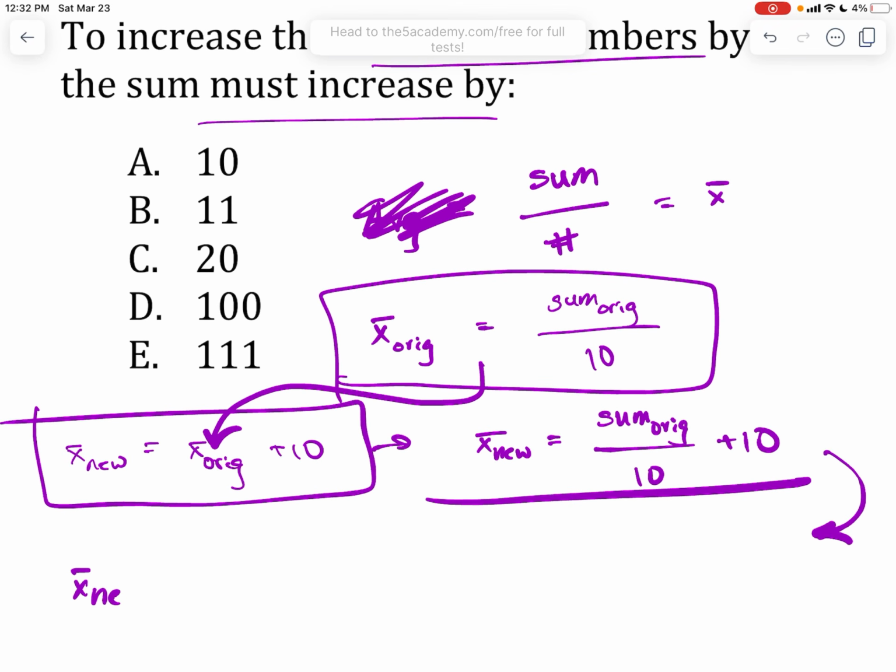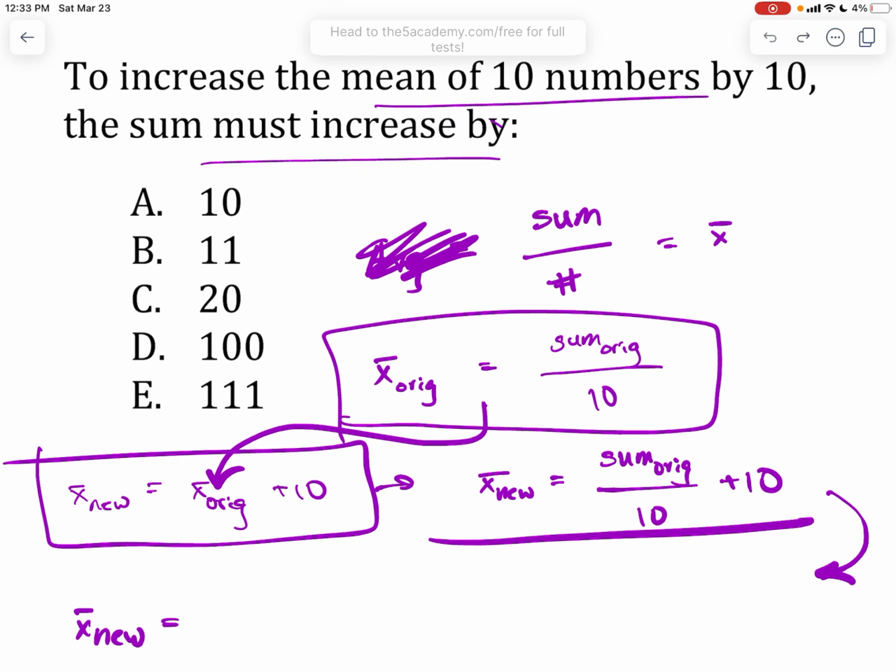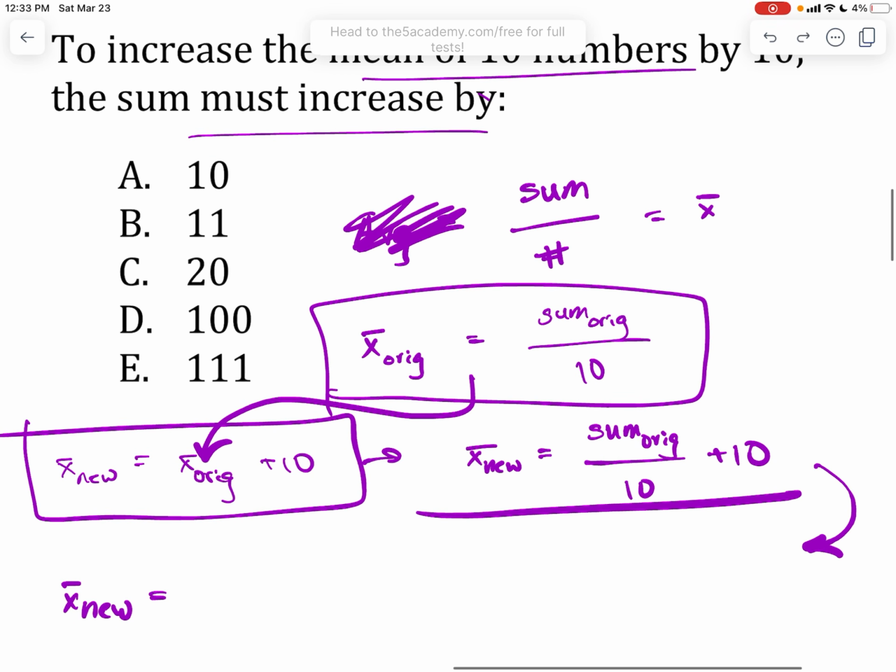X bar new is equal to, now I want to find my new sum. The sum must increase by what amount? What I can do is combine this fraction with the number 10. The way I can do that is write sum original over 10 plus, how can I make 10 have a common denominator with 10?